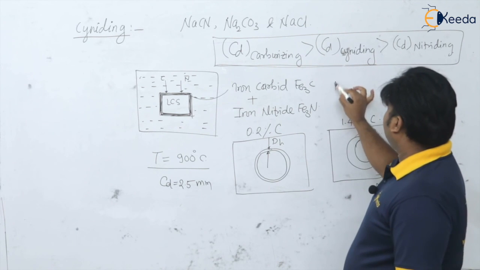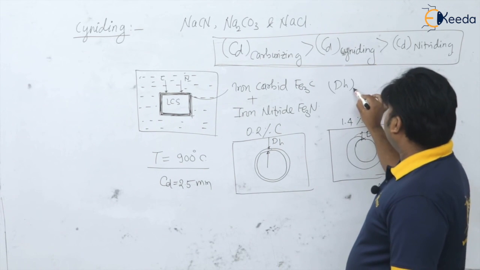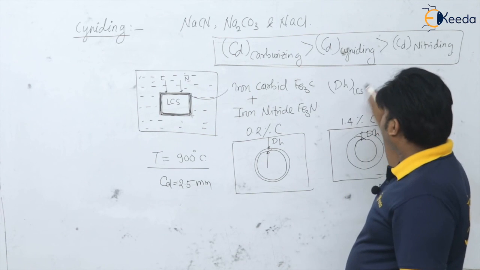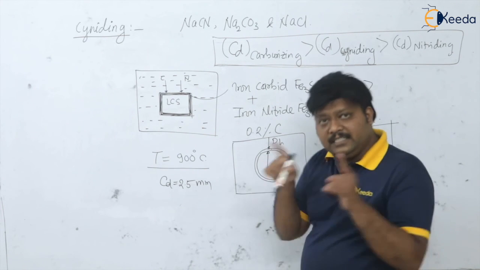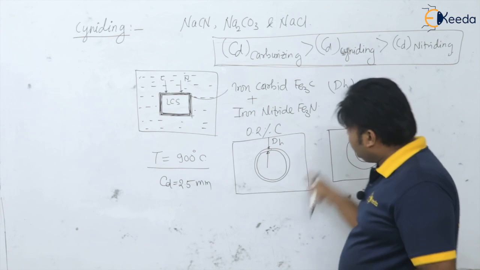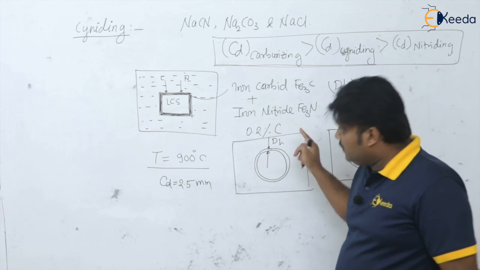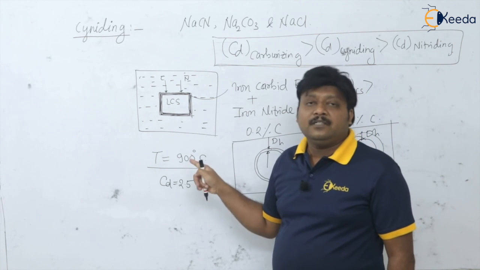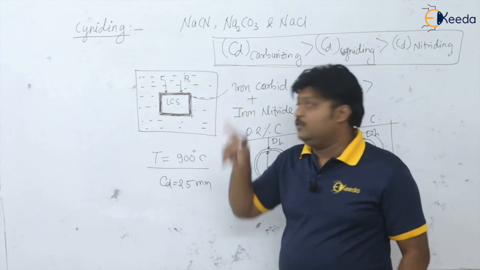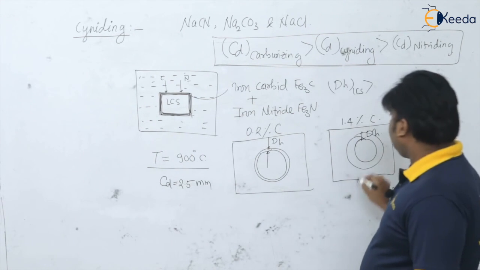So depth of hardenability is minimum for low carbon steels, and that is the reason why low carbon steel cannot be hardened by the hardening process. We have to go for different surface hardening processes for that, isn't it?